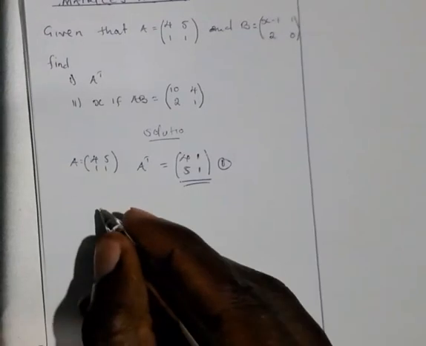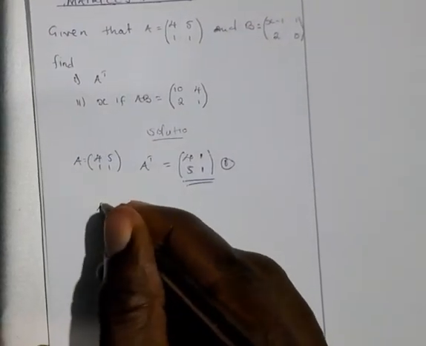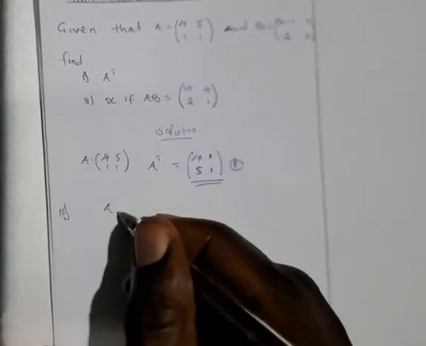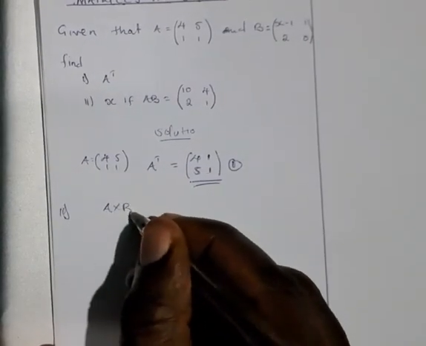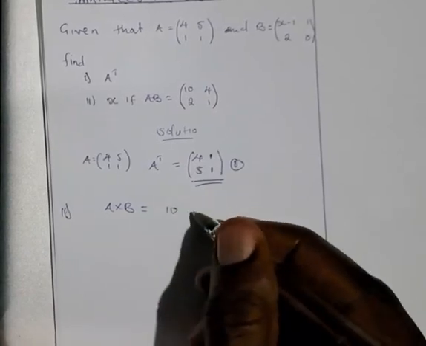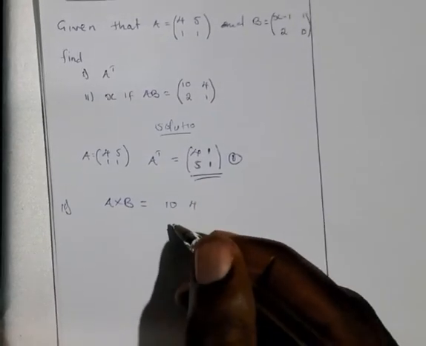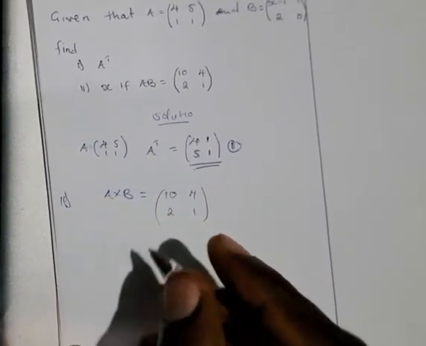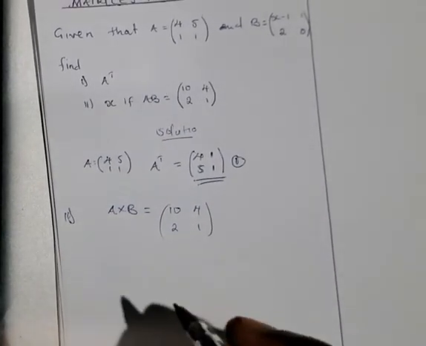So we're going to have AB. First we'll say A times B is equal to what? We have 10, 4, then 2, 1, like this. So let's go ahead and write matrix A there.